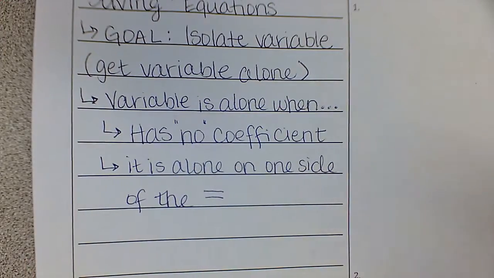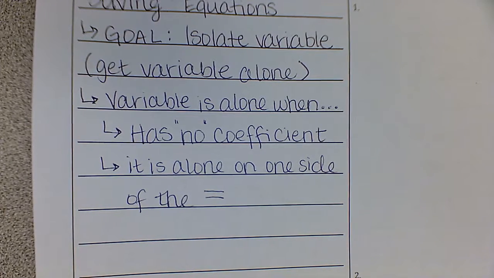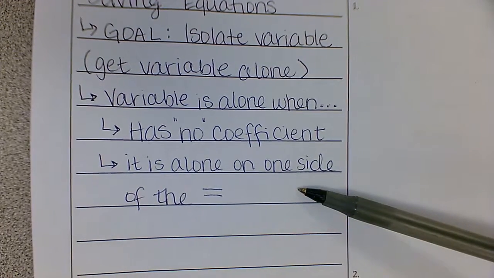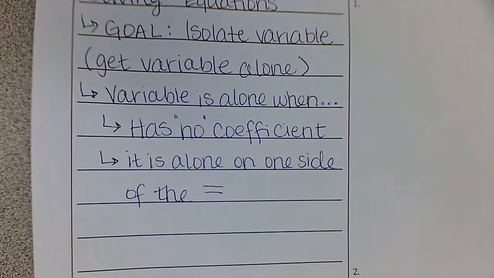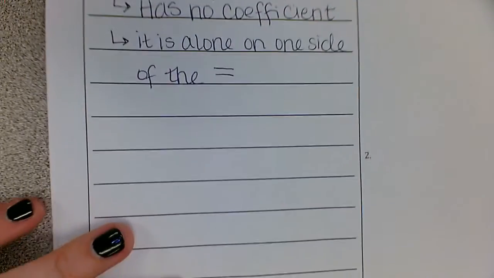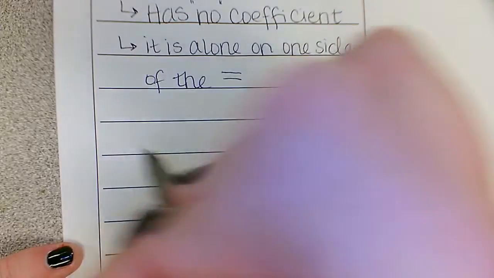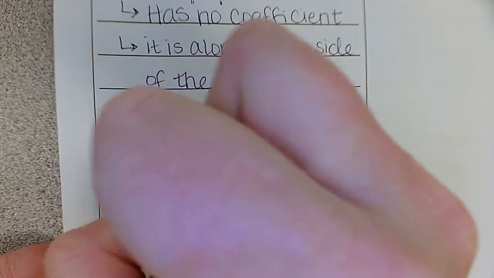Again, we know that we've reached our goal when we see that the x does not have a coefficient, which we'll talk more about next time. But basically what we're focusing on today is this piece, that it's alone on one side of the equal sign. Continuing forward, we're going to talk now about how to isolate.